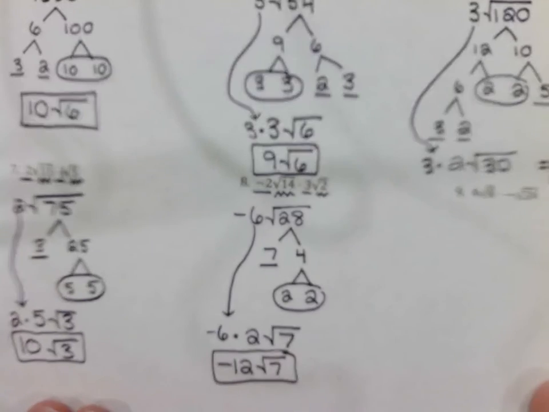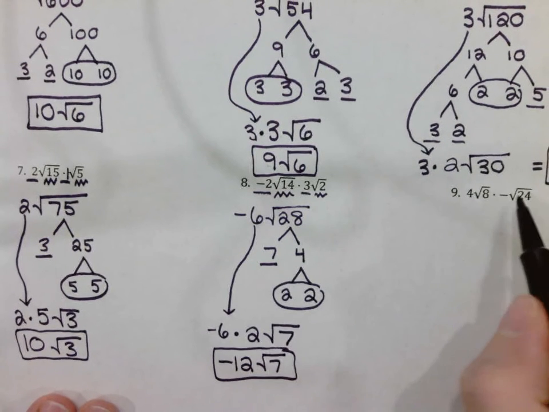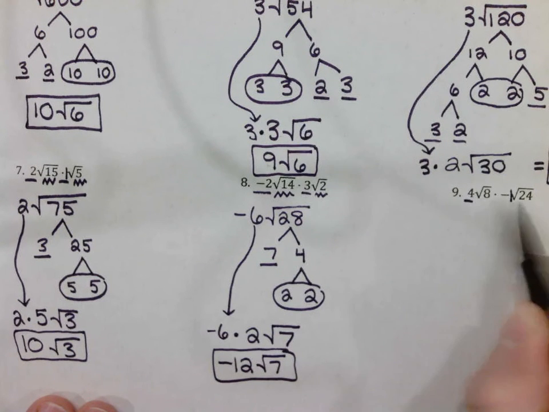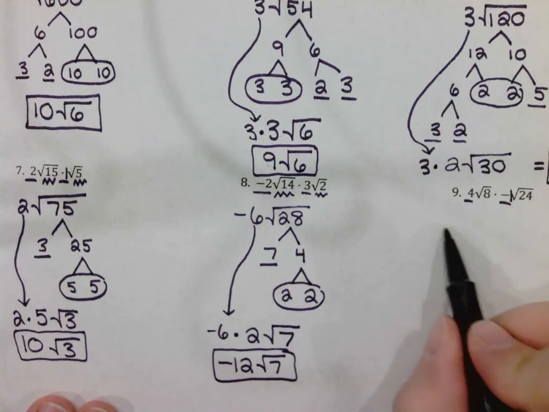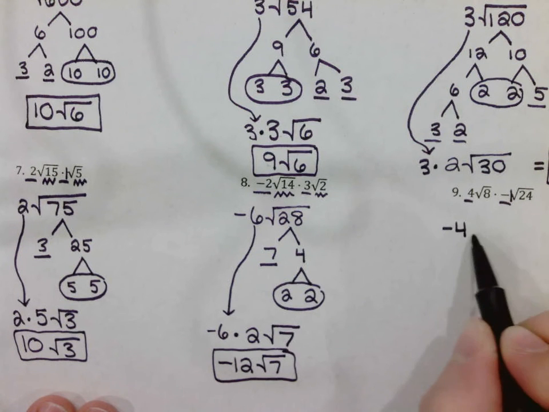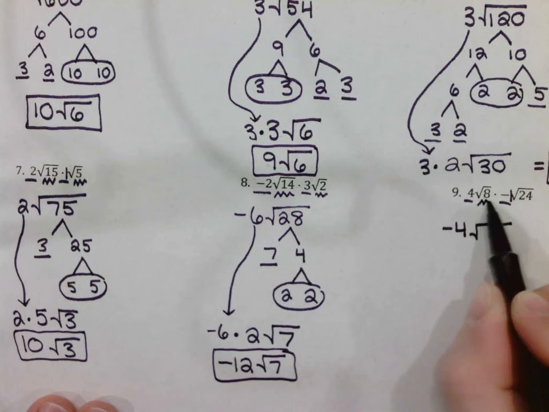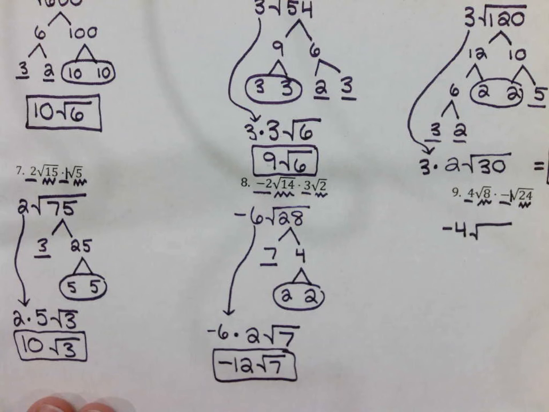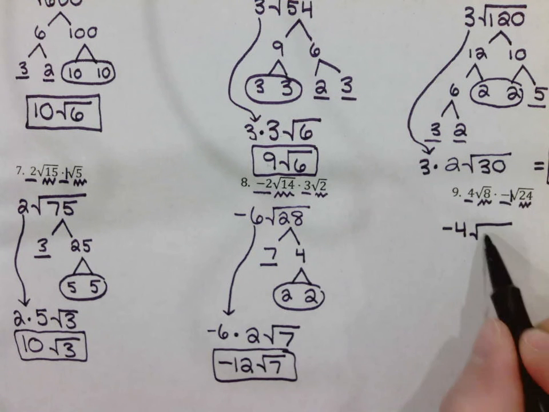And this last one, it's really a 1 right here. So 4 times -1 is -4. And then we have 8 times 24. I'm breaking out my calculator. It's going to be 192.